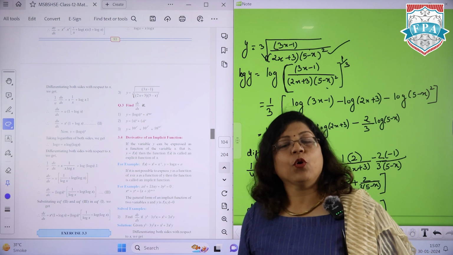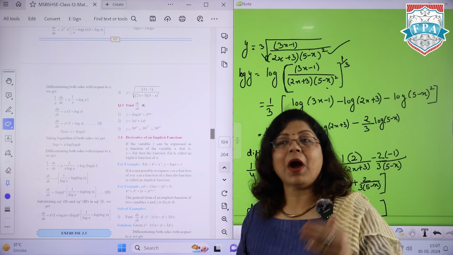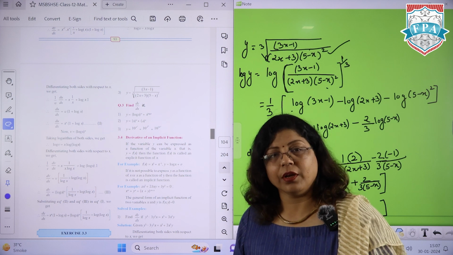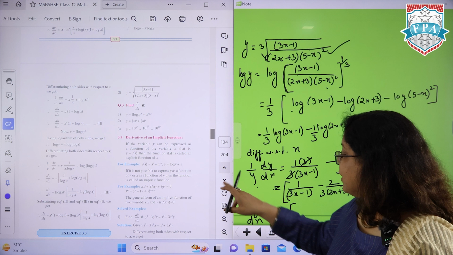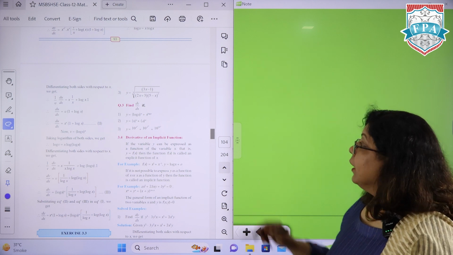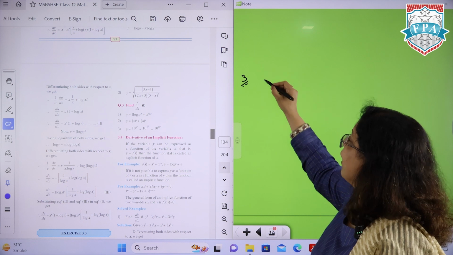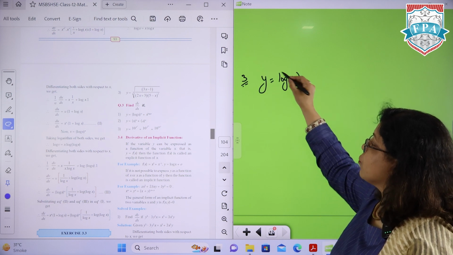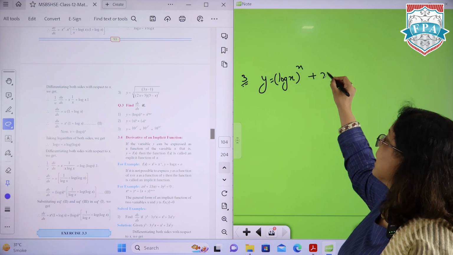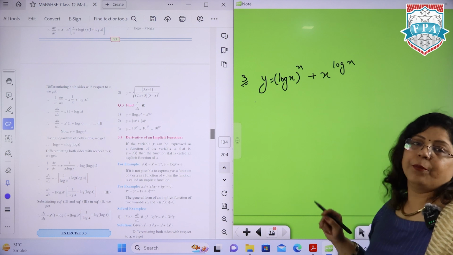Now sometimes we also get questions where there are various parts and every part can be solved using a log. So don't try to do it together, because a lot of kids make this mistake over here. Let's take question number 3, one question we are taking. Y is equal to (log x) to the power of x plus x to the power of log x, and they try to take log together.